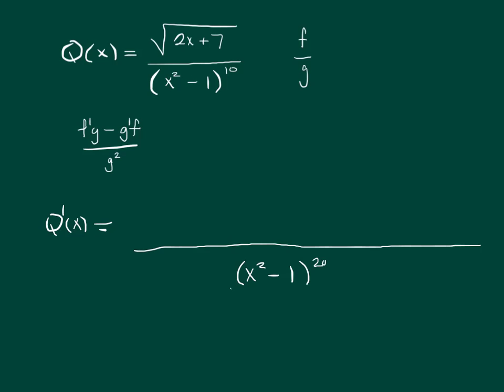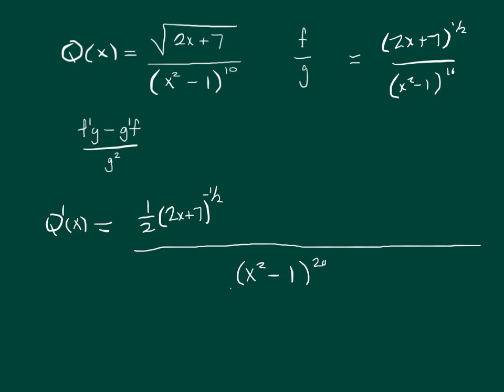Now, here's our f. F prime. Thinking of this as 2x plus 7 to the 1/2, that yields 1/2 times 2x plus 7 to the minus 1/2.